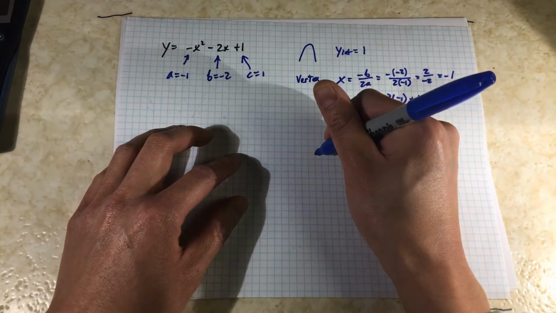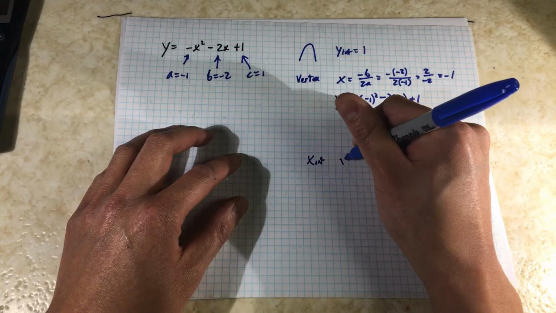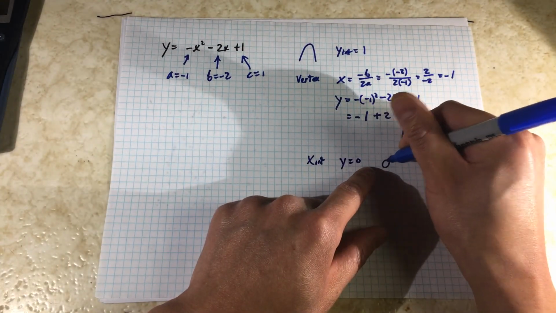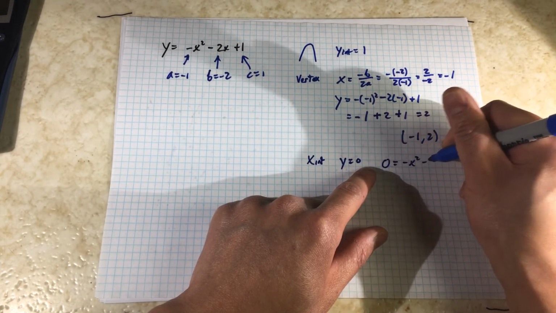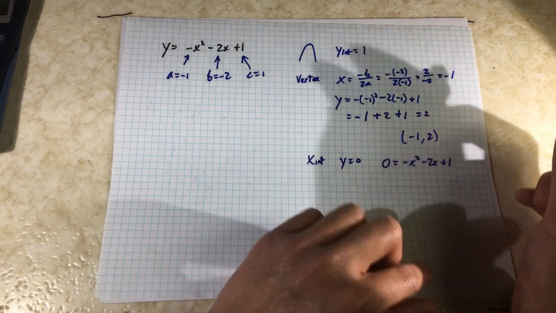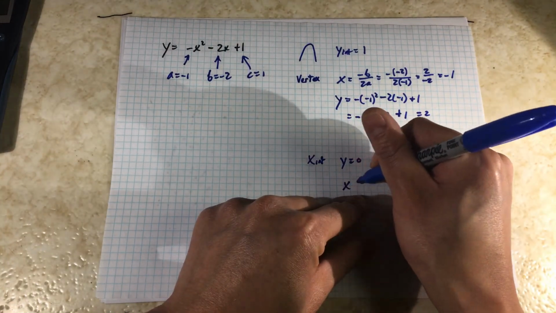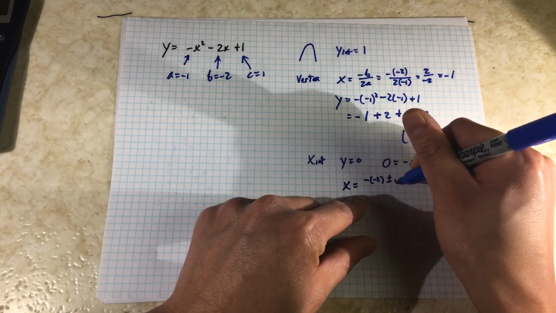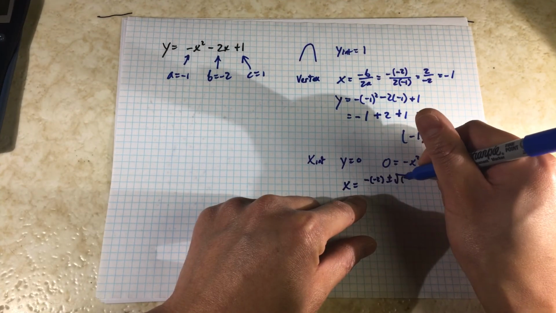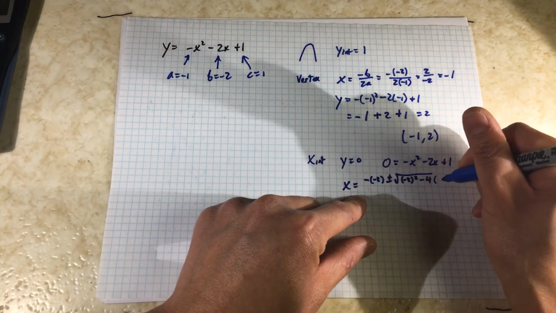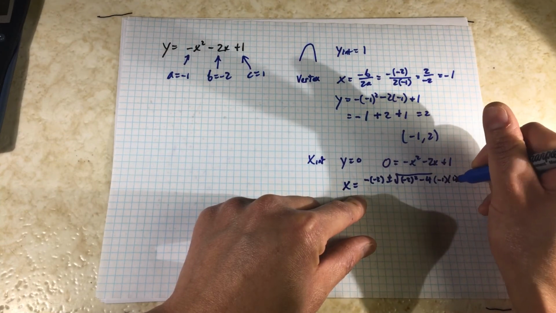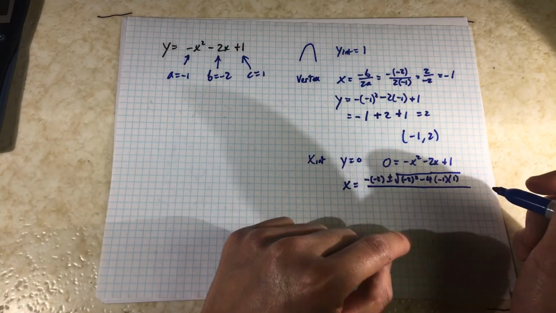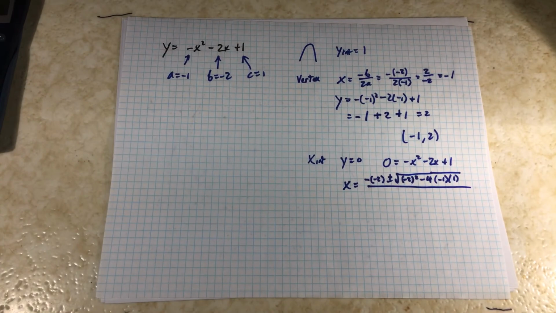And then we're going to figure out our x-intercepts by setting y equal to 0 and applying the quadratic formula or completing the square. So 0 equals negative x squared minus 2x plus 1. You could plug it into the quadratic formula: negative b plus or minus the square root of b squared minus 4 times a times c, over 2a.